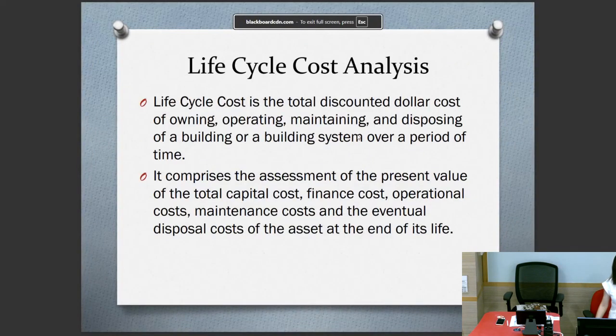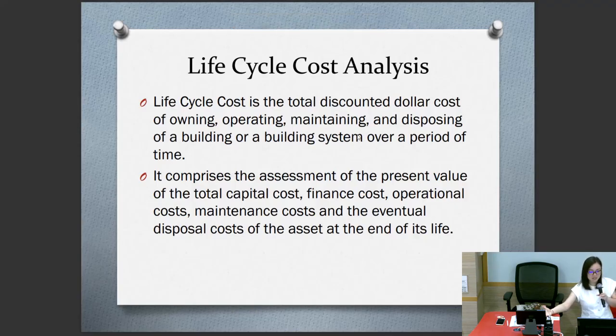So life cycle cost is the total discounted dollar cost of owning, operating, maintaining, and disposing of a building or a building system over a period of time. So the net present value or the life cycle cost analysis actually is not really related to carbon reduction.